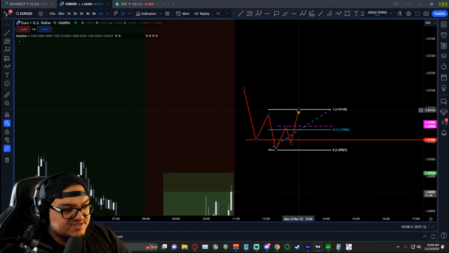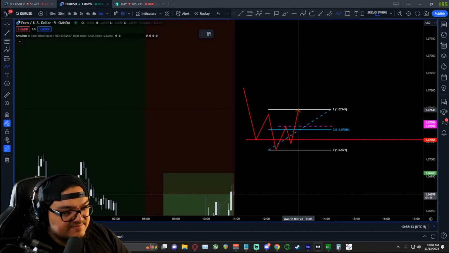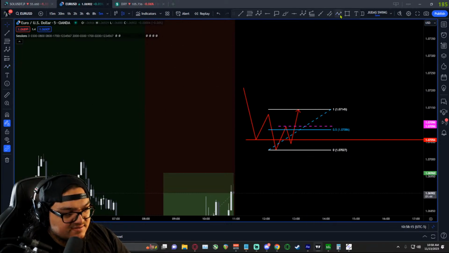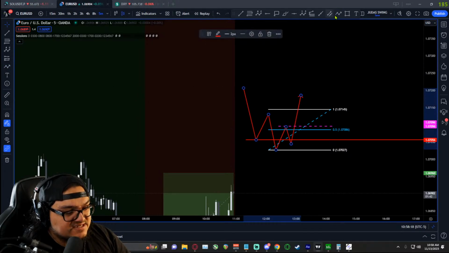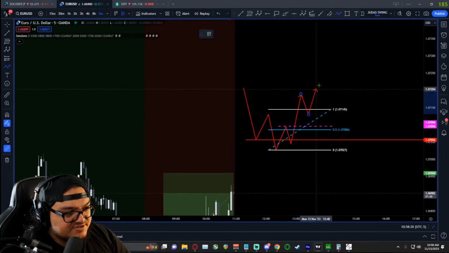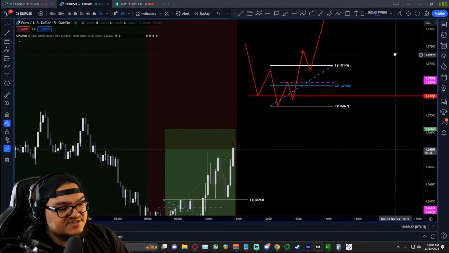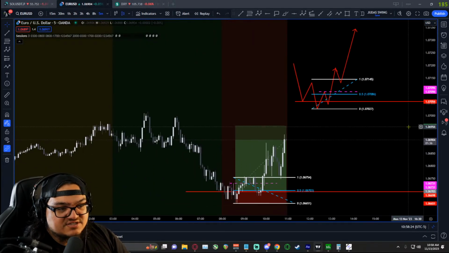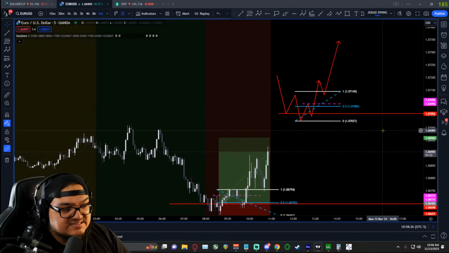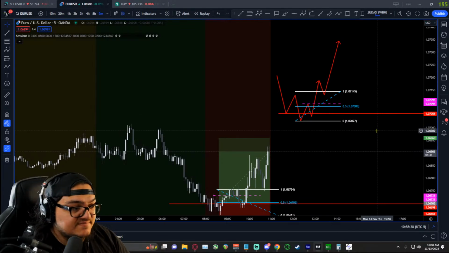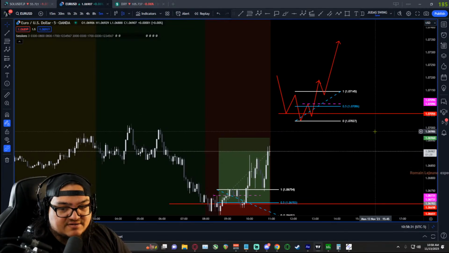Or price might continue and you'll get a slight retracement and you might not ever see the entry. So there are situations where that happens. Like I said, it's not as common as I thought it was going to be, but it's definitely there.